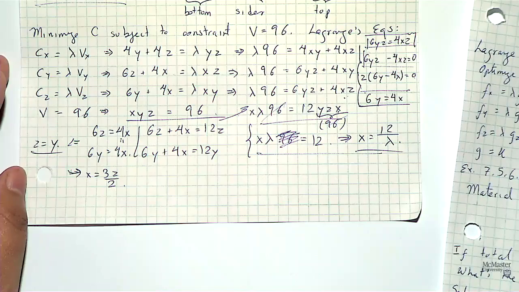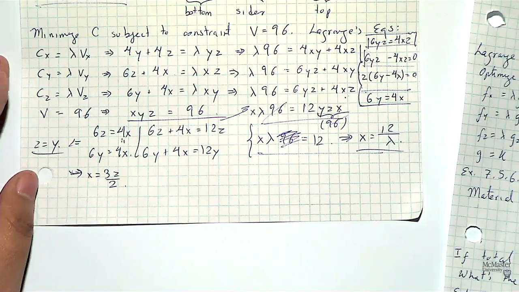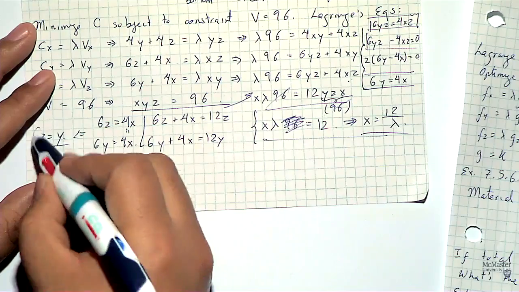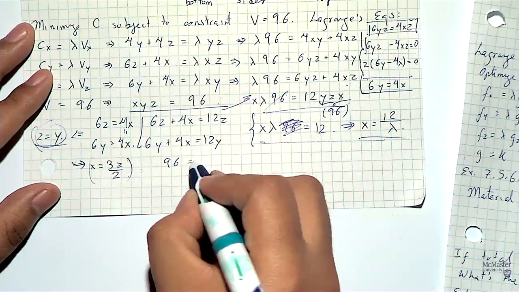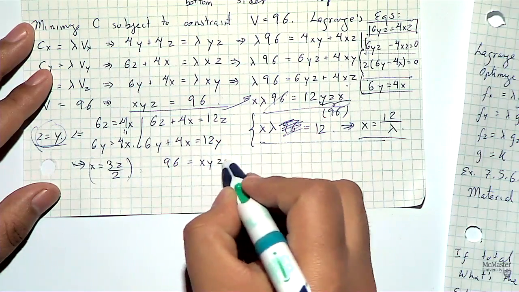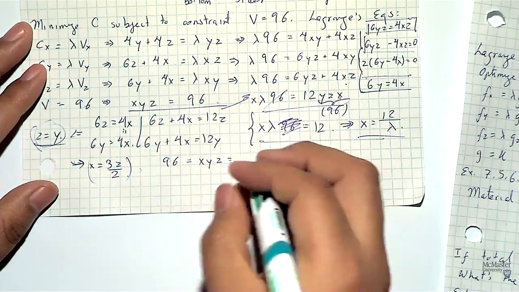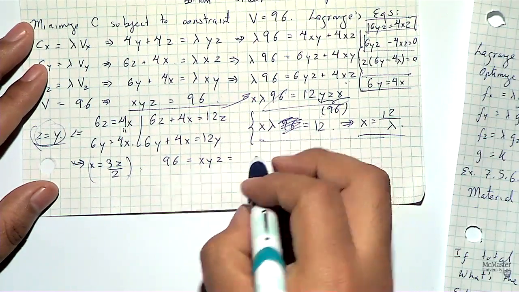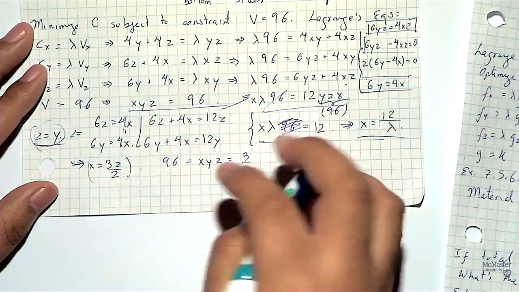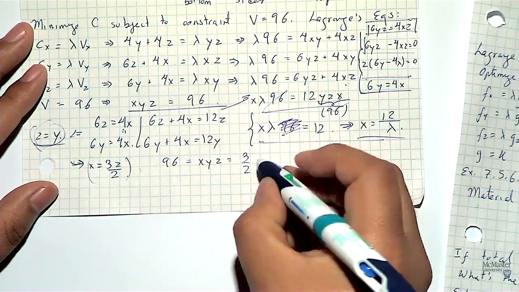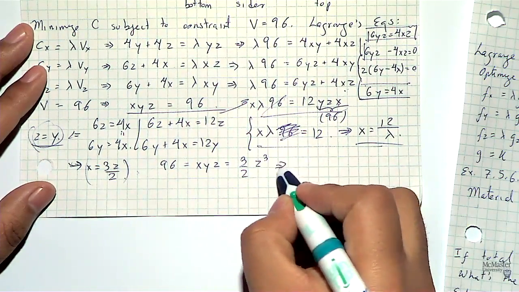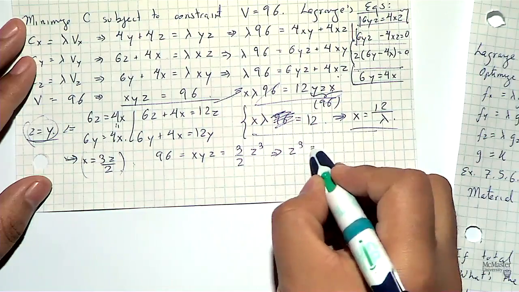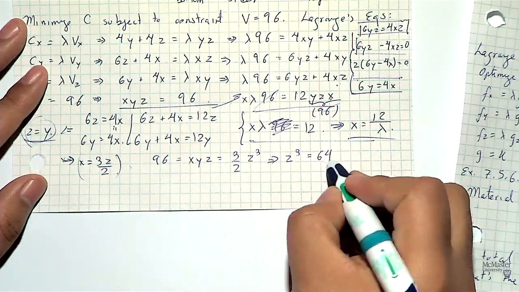And then, if I plug in these relations, z equal to y, x equal to this, I know that 96 is equal to x, y, z. So what I would have if I put everything in terms of z is basically 3 halves, plug in the z, z cubed. So if I do the simplification, basically I have that z cubed is equal to 64.